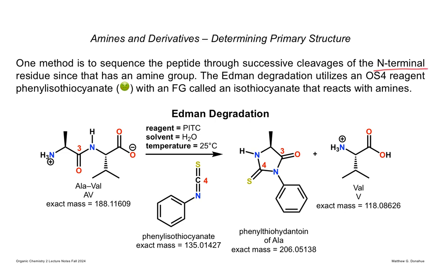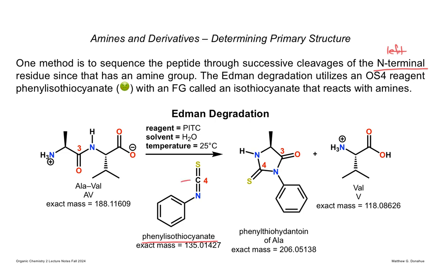I'm going to use that term as well, residue. Remember that that's on the left. The first one is called the Edman degradation. The reagent that is used is shown below the arrow here, phenyl isothiocyanate.